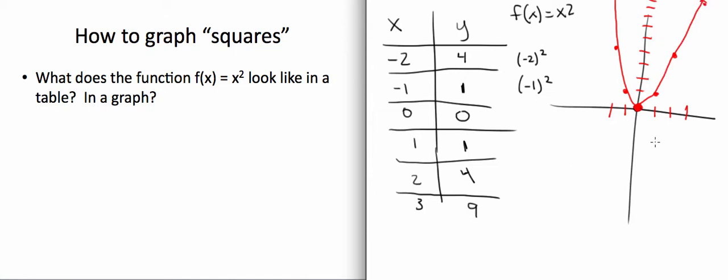All right, so this is a parabola. It is a curved line. All parabolas are curved, and we'll talk more about parabolas and so forth in our transformations unit in Chapter 8.